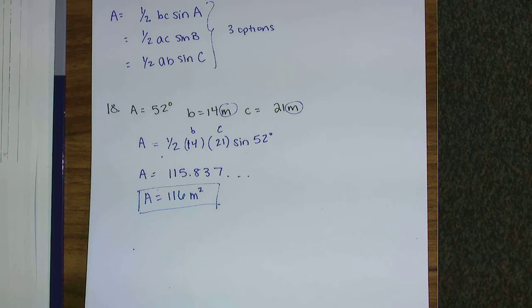Now, the next thing we have is called Heron's area formula, and you should have seen it before, hopefully.